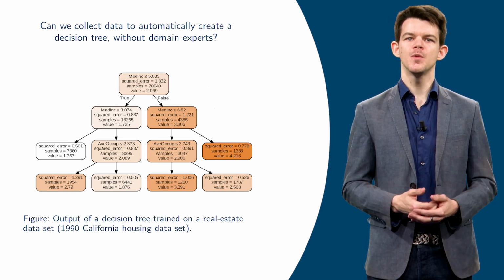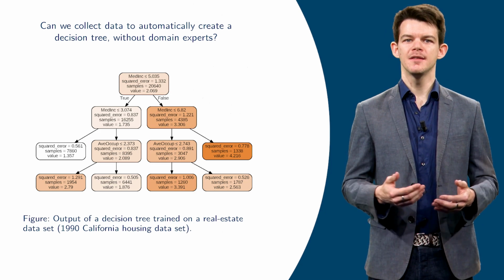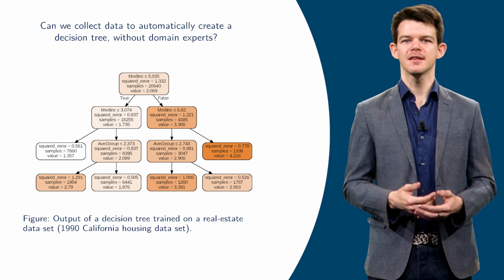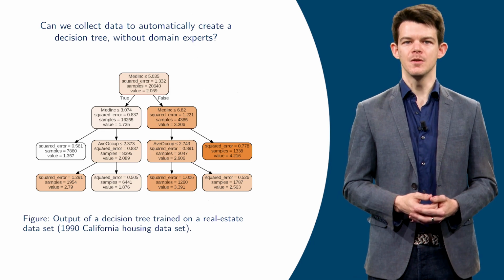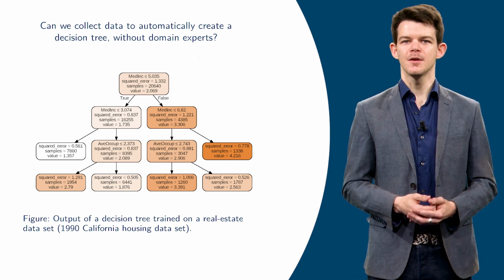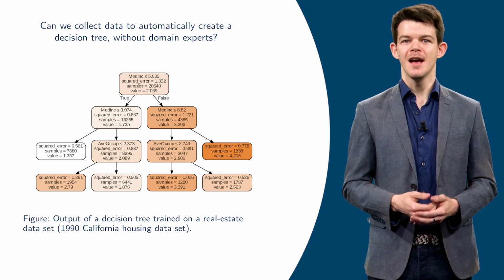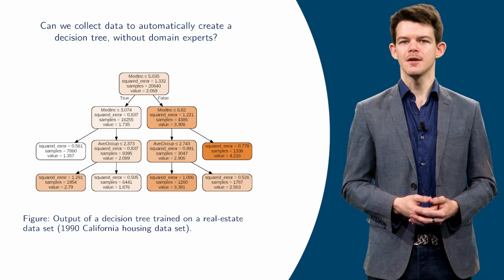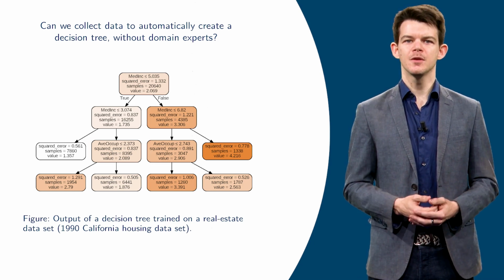It is also possible to read the number of observations falling in this leaf, i.e. the number of observations in the dataset with the characteristic of this node. Here, 7,860 areas have inhabitants with a median income below $30,700.